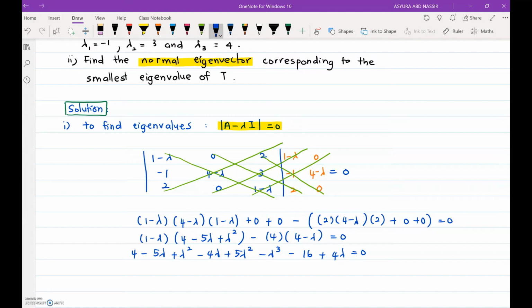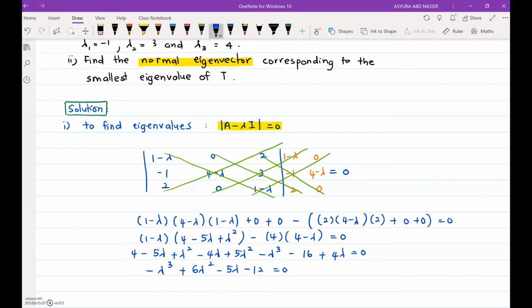Then we simplify: you will get minus lambda cube plus 6 lambda square, and then minus 5 minus 4 is minus 9 plus 4, so minus 5 lambda, and then for the numbers 4 minus 16, it is negative 12 equals 0.